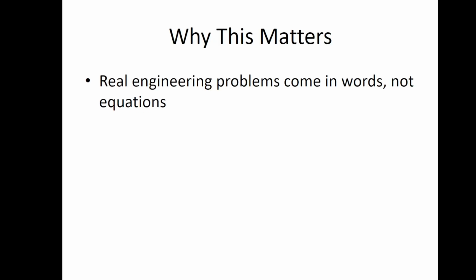So why does this matter? In engineering, problems are never given as a clean equation. Usually, they need to be converted to equations. So our skill to master is the ability to solve real engineering problems by translating word problems into an actual solvable equation.